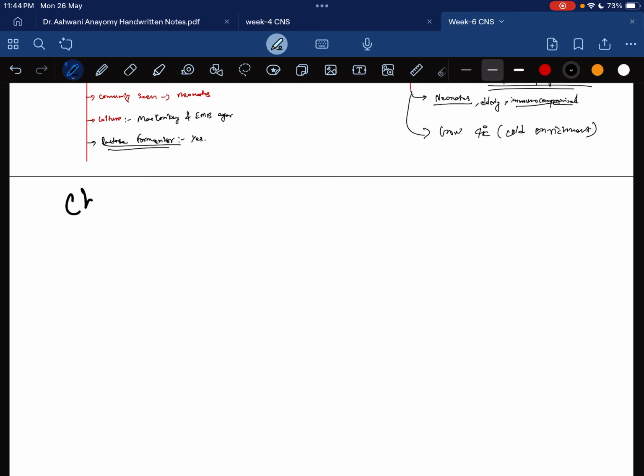Moving on to chronic bacterial meningitis.